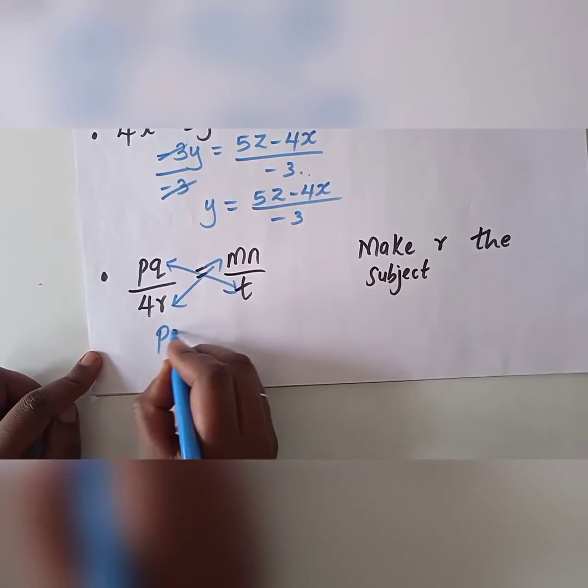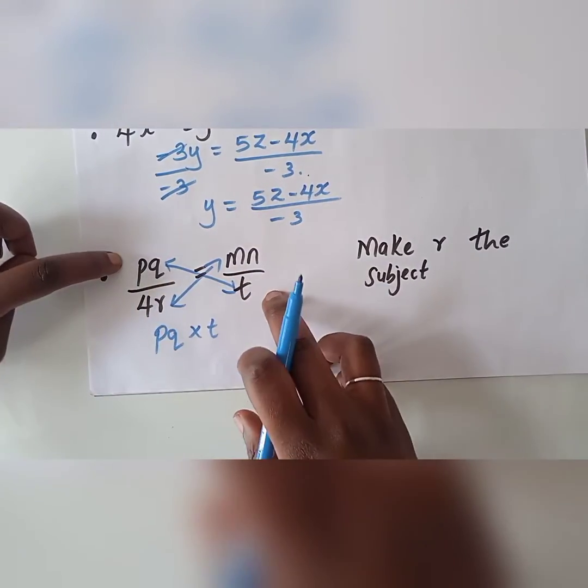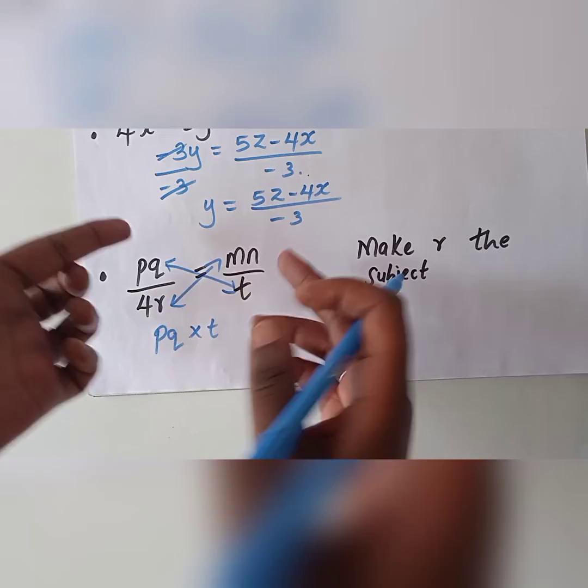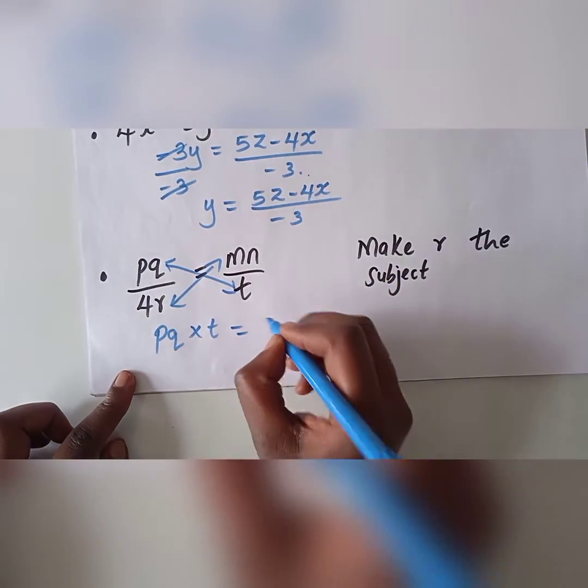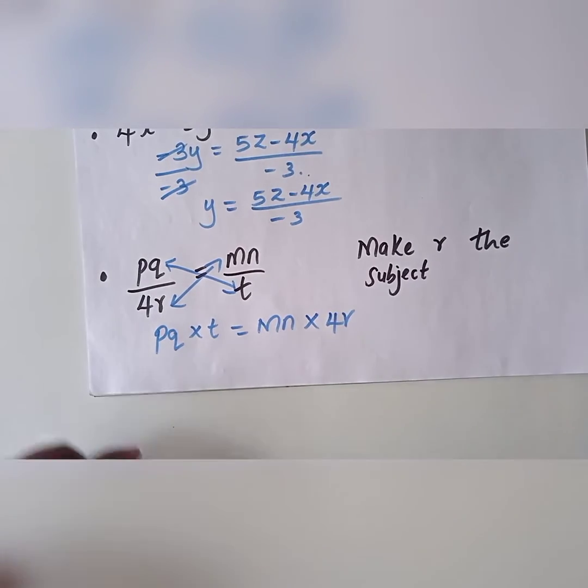So we have PQ times T, you're multiplying both terms, equals to MN times now 4R. So at least now everything is on one line.